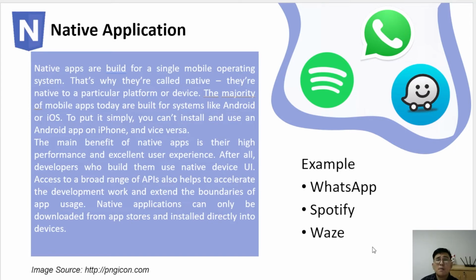The majority of mobile apps today are built for systems like Android or iOS. To put it simply, you cannot install this kind of application on another platform. You cannot install an Android APK on an iPhone or vice versa. The main benefit of native apps is high performance and an excellent user experience, or UX.